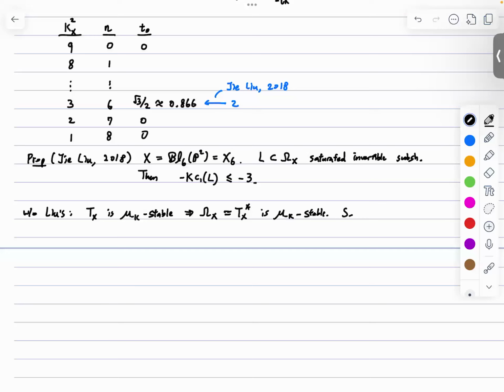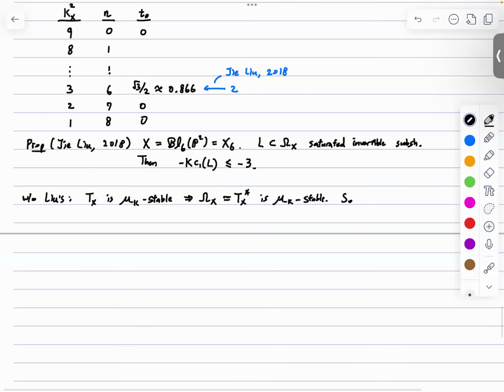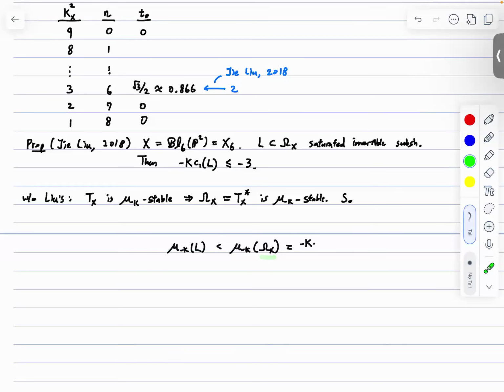From the definition of slope stability, the slope of this line bundle L has to be strictly less than the slope of the cotangent bundle. The slope of the cotangent bundle is minus K times the C1 of the cotangent bundle, which is K, over the rank, which is 2. So this is minus K squared over 2.